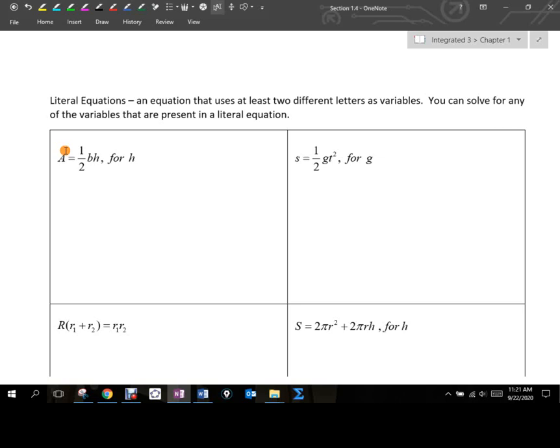That first formula, do we know what that first box is a formula for? Area of a triangle. That second box has to do with how objects fall, based off of gravity. If we go down to the one in the bottom right, 2 pi r squared plus 2 pi r h, that's finding the surface area of a cylinder.